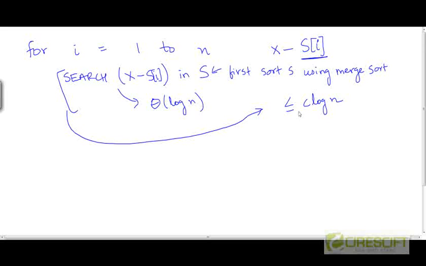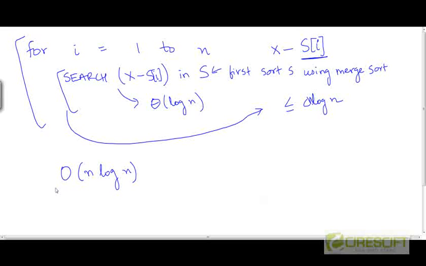So if we run this loop n times, in the worst case, we're going to take time less than or equal to C n log n. This means that in the worst case, the running time of this entire algorithm is going to be big O of n log n.